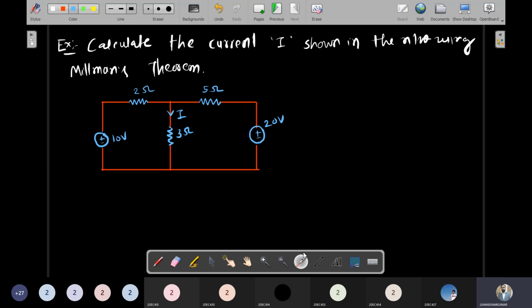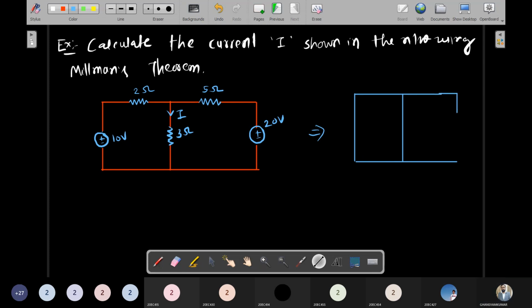So you see in this network, this branch and this branch both are connected in parallel. So I can draw this network this way. I'm just shifting this one to this side. Over here this is the first branch, the second branch, and over here the 3 ohm.